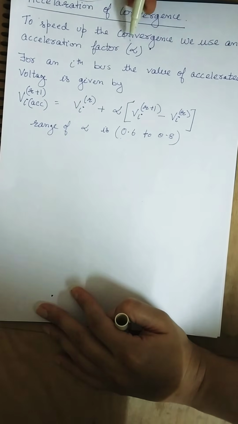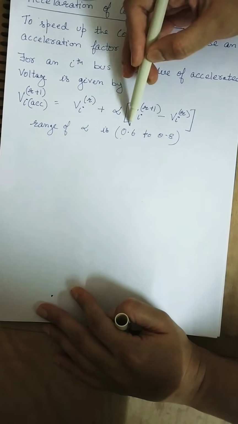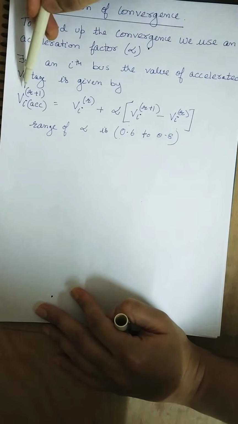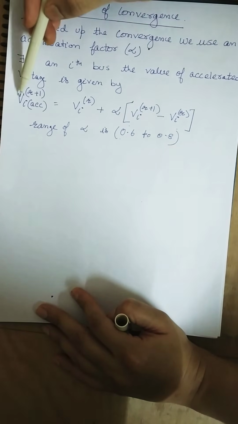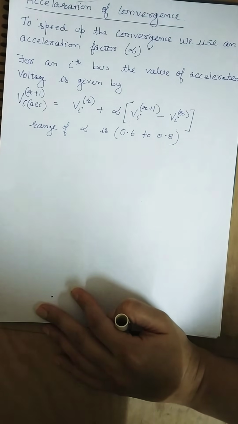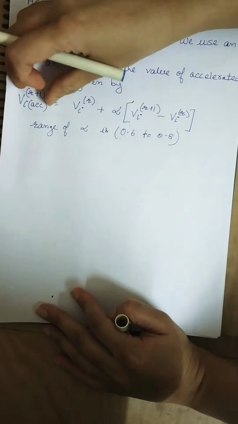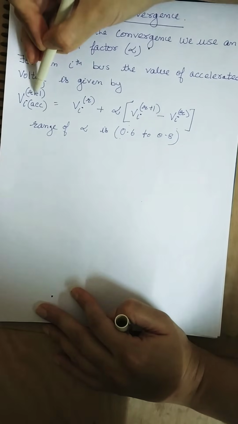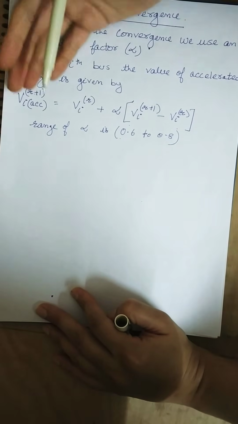Now this acceleration factor has a range of 0.6 to 0.8 per unit, and the formula we use is this. We have already done r iterations, right? Now at the r plus 1 iteration we will find an accelerated value of Vi.